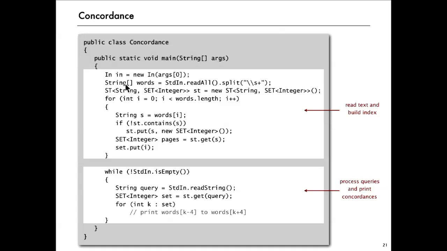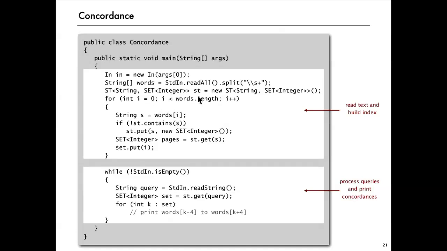So now all the words are in an array. And then we're going to create a new symbol table that associates strings with sets of integers. Again, the string is the key, and the sets of integers are going to be the places in the array where the given word appears.